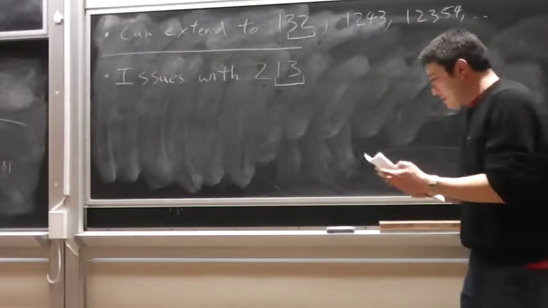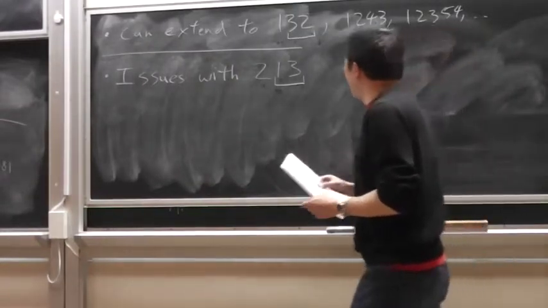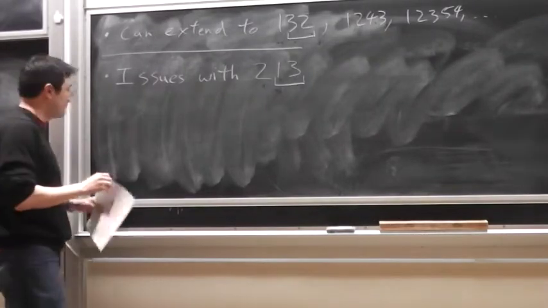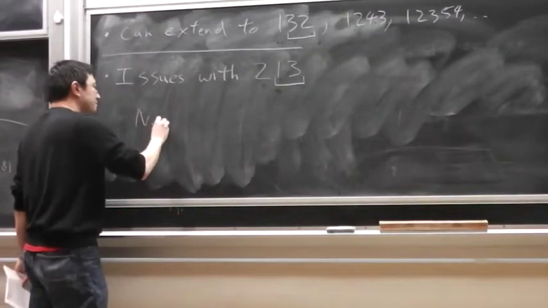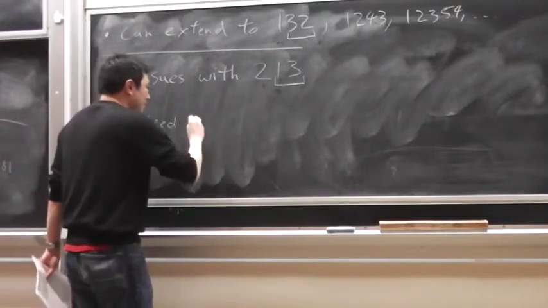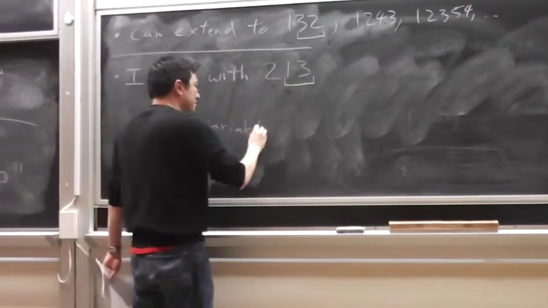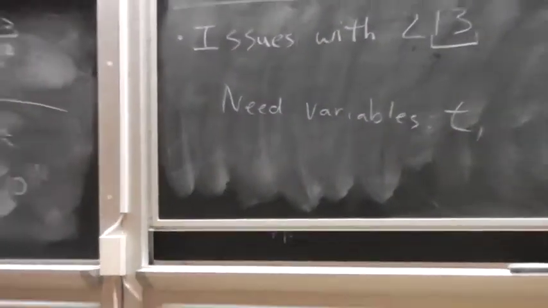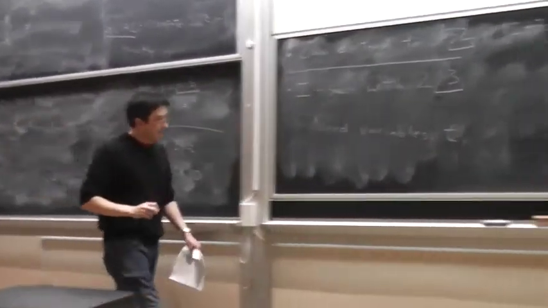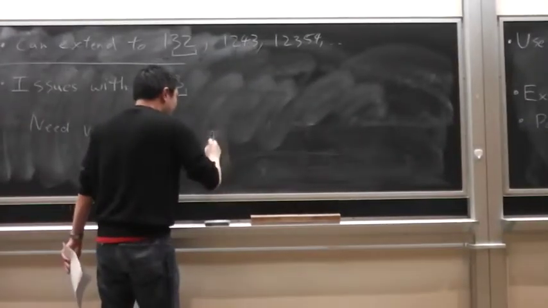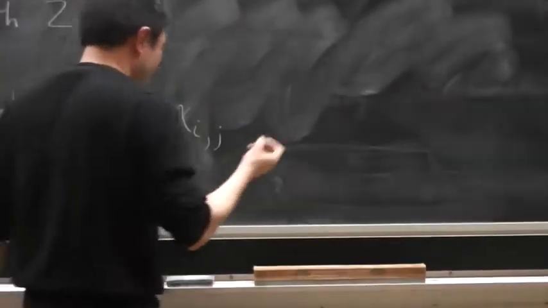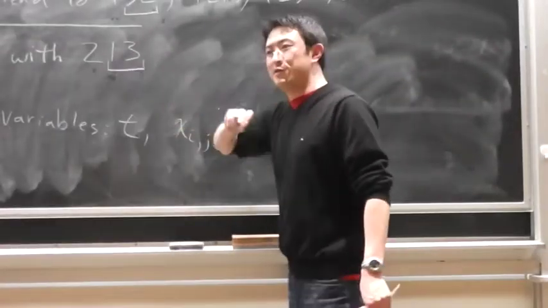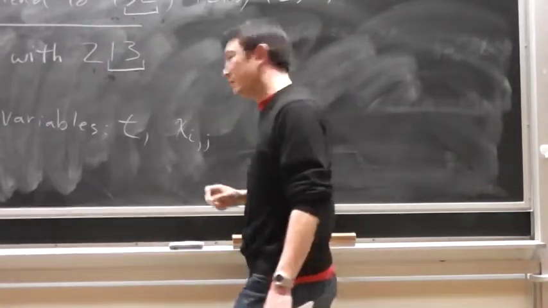And so basically, you can extend this idea, so now you need variables in T. Instead of x1 through xn, now I need many more variables, one to help keep track of the first term, the other to help keep track of the second.